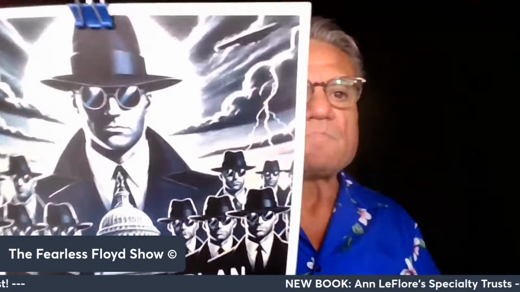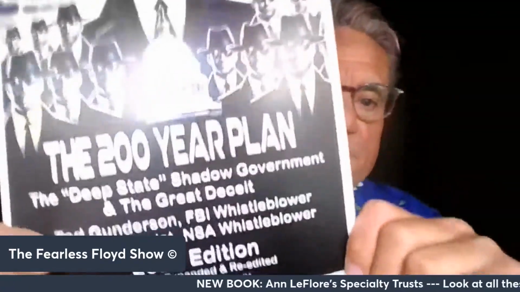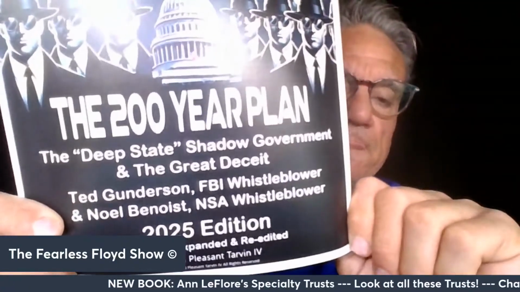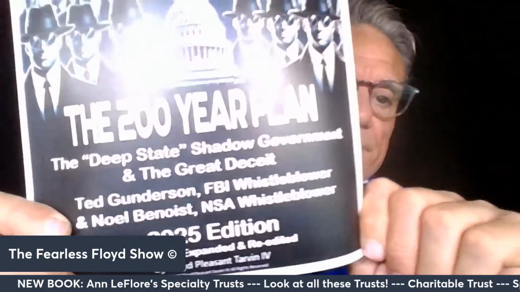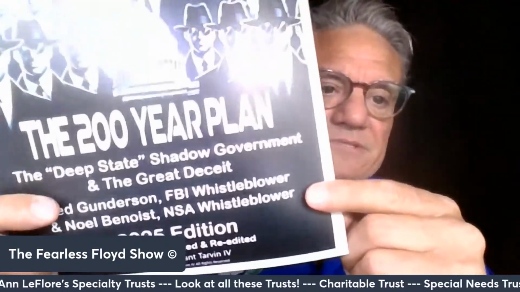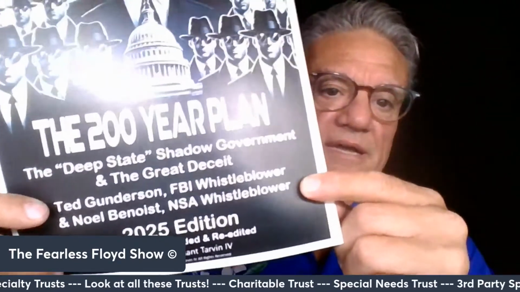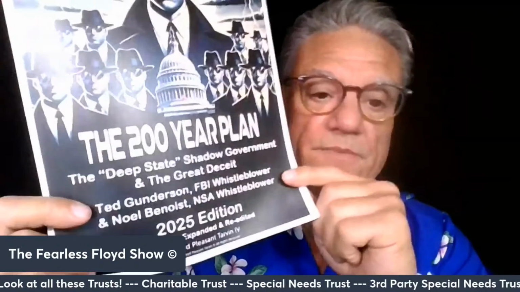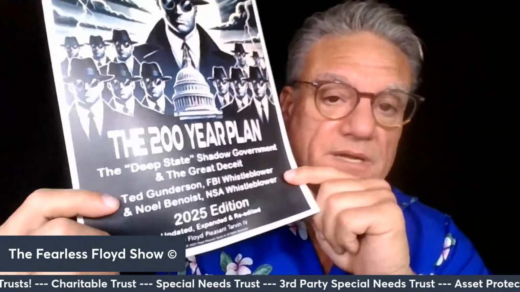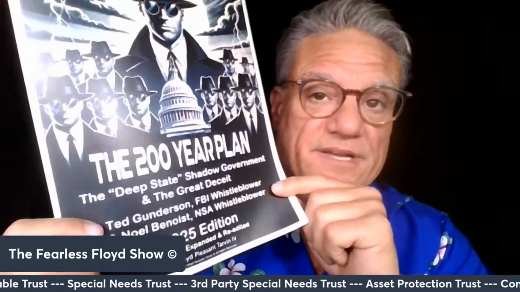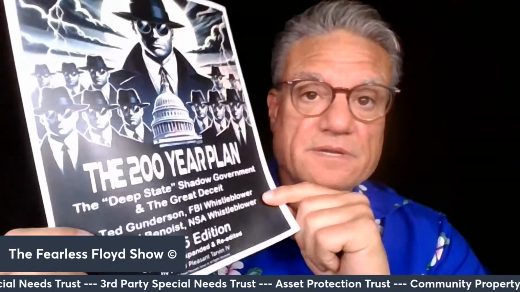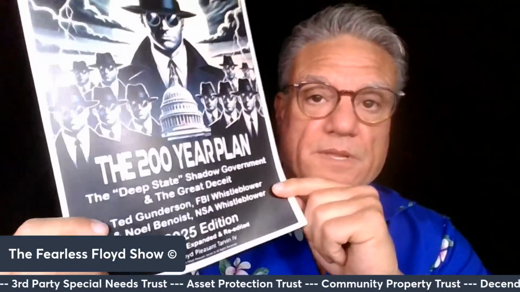Next up, just while I'm here, I've got to finish this book. It's a 200-year plan. And this book was originally written by Ted Gunderson right here. This guy. He's passed away, died of cancer. The conspiracy is that he was assassinated because he was an FBI whistleblower.